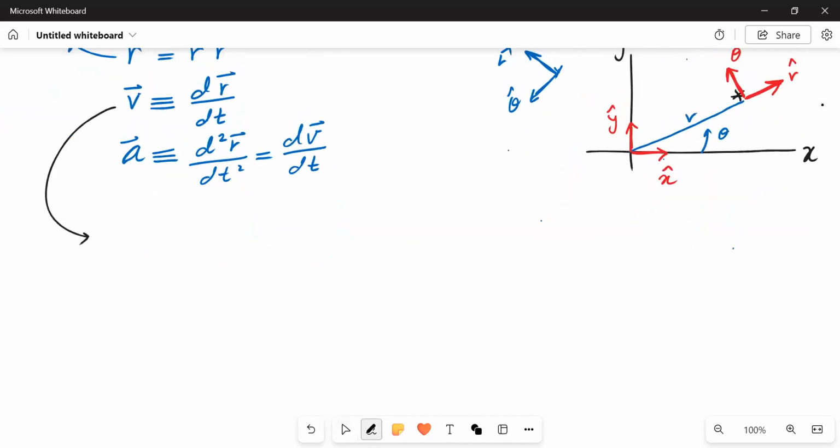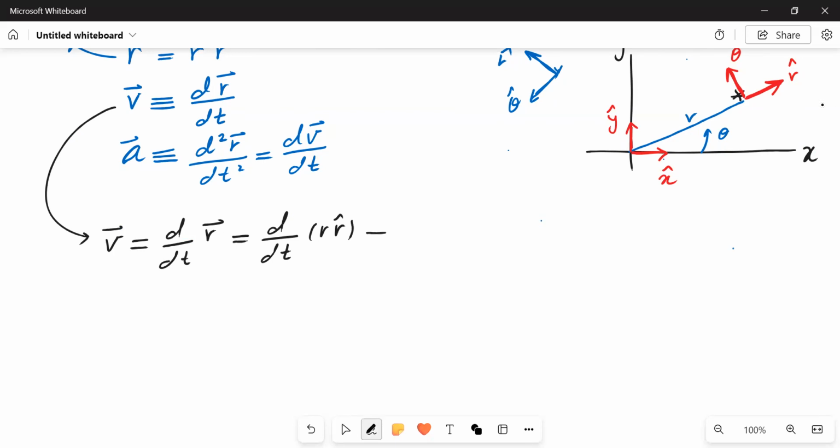The velocity is the time derivative of the position vector, but the position vector itself is given in terms of the radial distance times the unit vector in the radial direction.